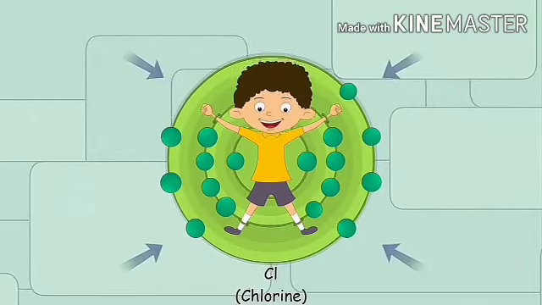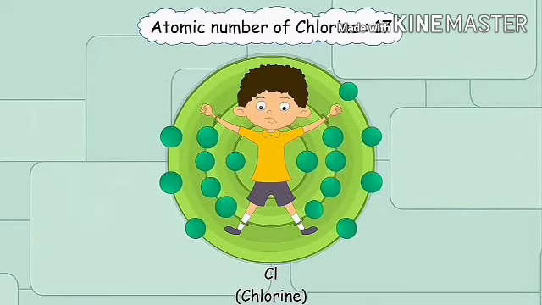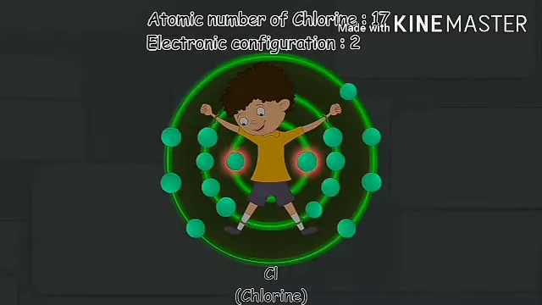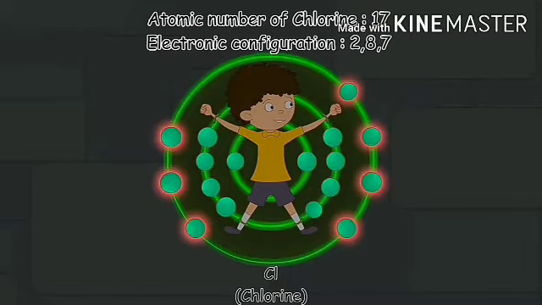And this is the chlorine atom with atomic number 17 and electron configuration 2 8 7.